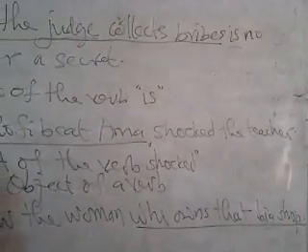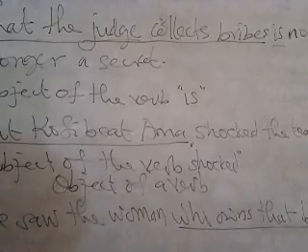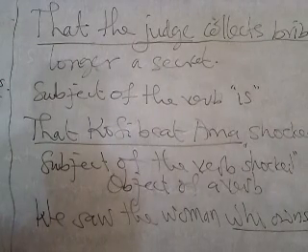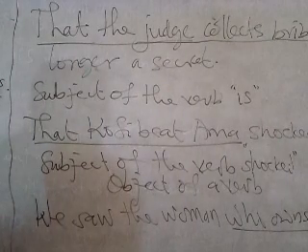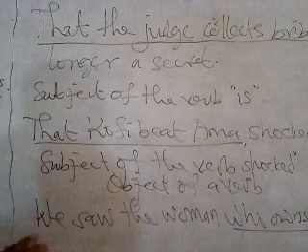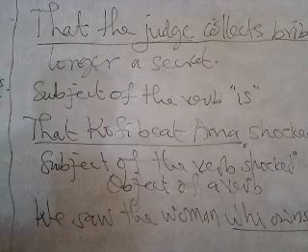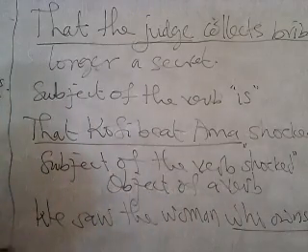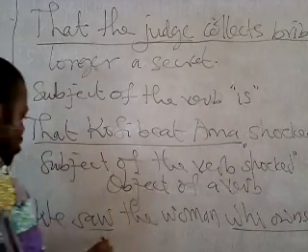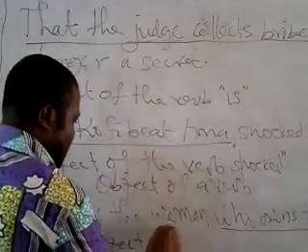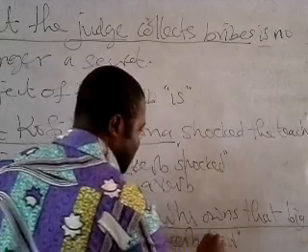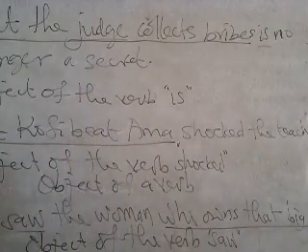So in that sense, we realize that we can ask the question, we saw who? And the answer is the woman who owns that big shop. In that sense, since the clause is coming after the verb, we then conclude that it is object of the verb "saw".